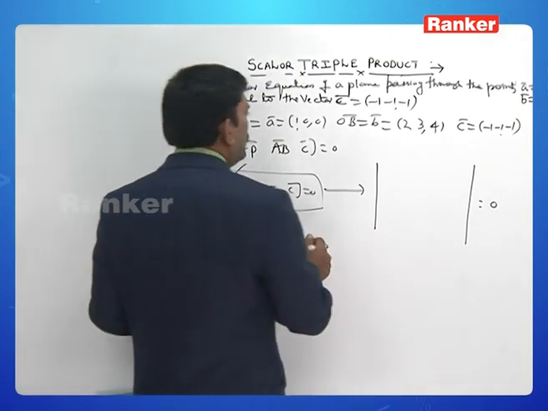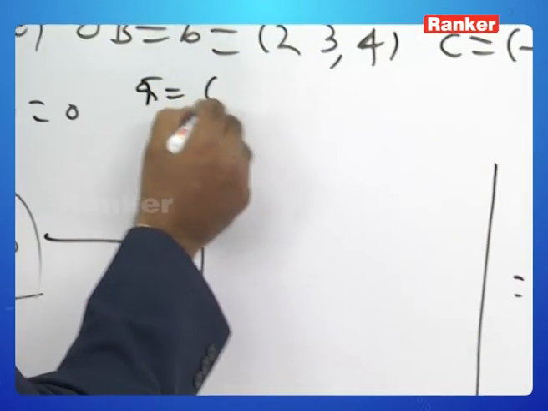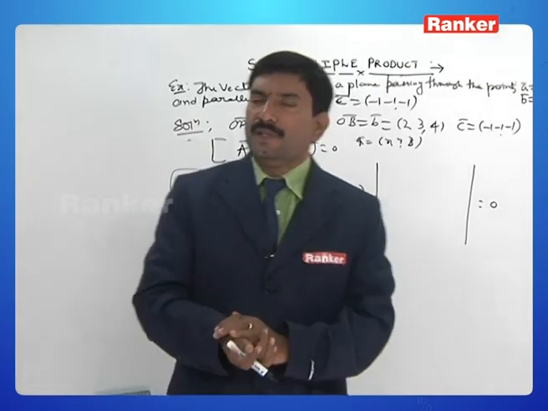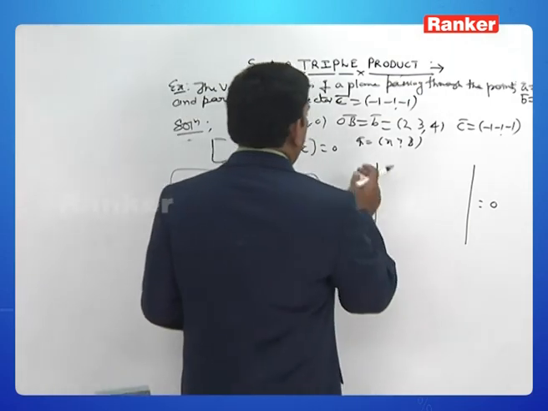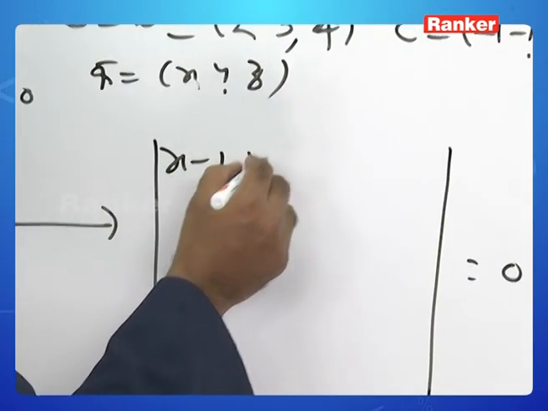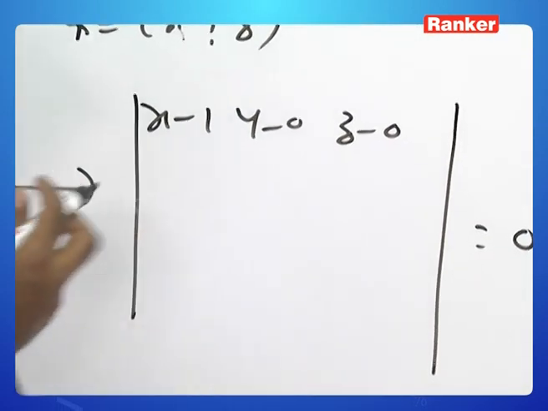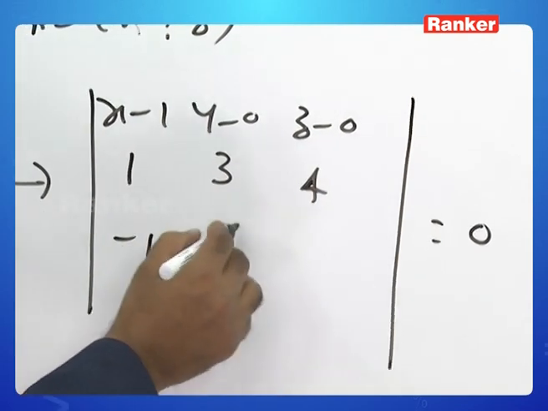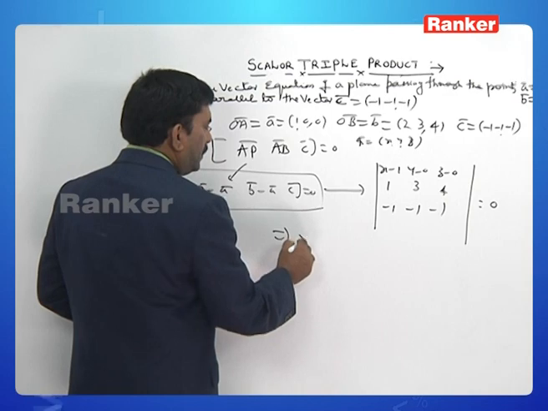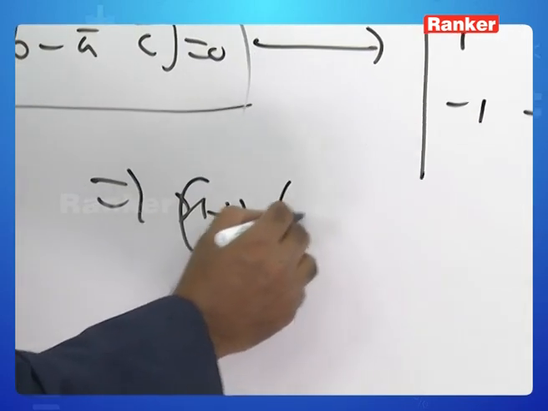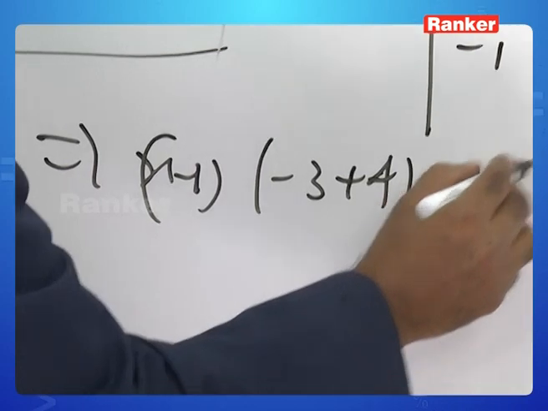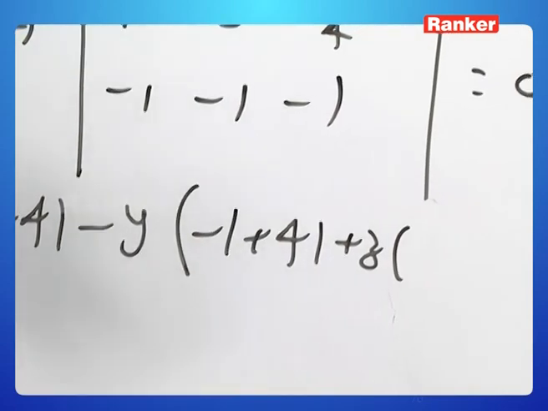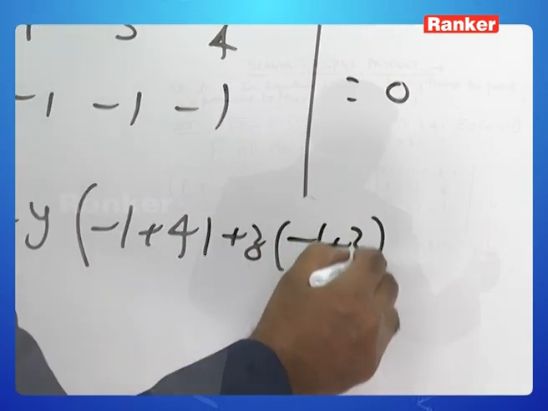Now R bar minus A bar. What is R bar? R bar is equal to X, Y, Z. Now X minus 1, next Y minus 0, Z minus 0. Next 2 minus 1, 3, 4, and minus 1, minus 1, minus 1. You expand, this becomes X minus 1 into minus 3 plus 4, Y into minus 1 plus 4, Z into minus 1 plus 3, is equal to 0.